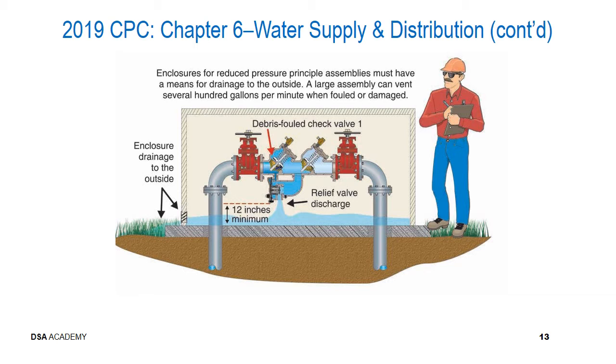So if they're located in a vault, the vault has got to be designed to allow that water to escape unobstructed. And there's also a requirement for 12 inches minimum. You can think of it as an air gap between the bottom discharge on the bottom element in the backflow prevention device to grade.